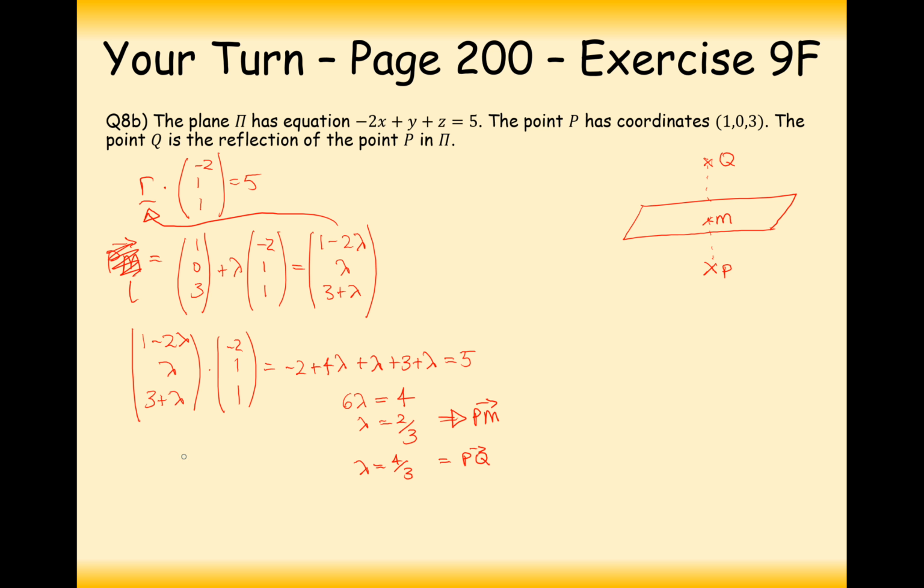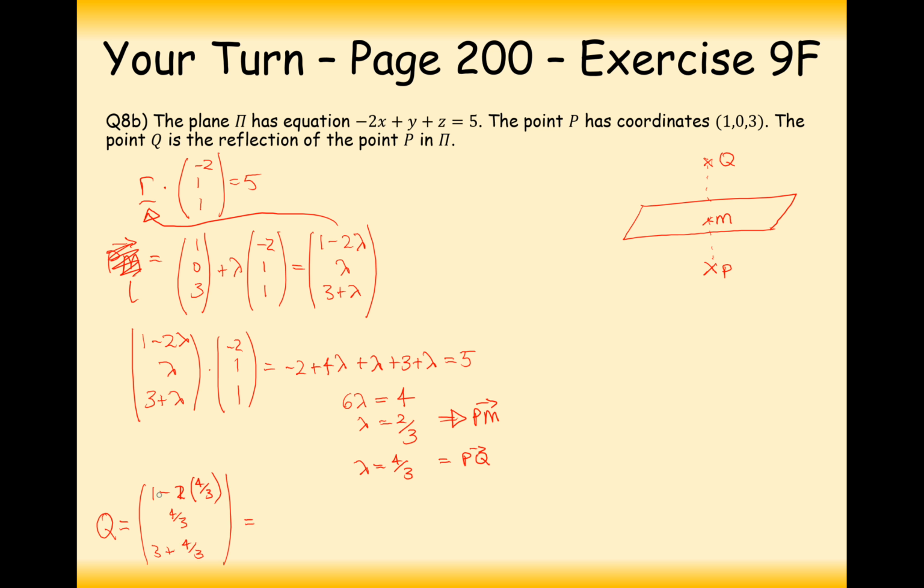So what we're going to do now is take this equation here and substitute in 4/3. So 1 minus 2 lots of 4/3. So this is where Q is going to be. Then it's going to be 4/3, and then it's going to be 3 plus 4/3.